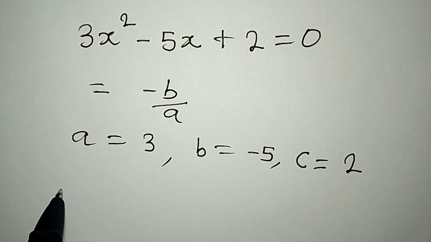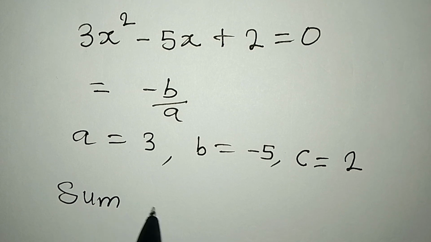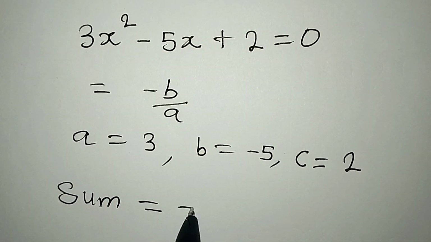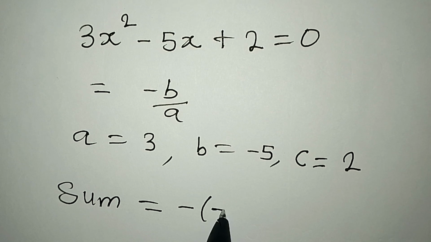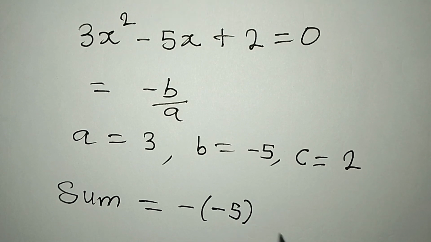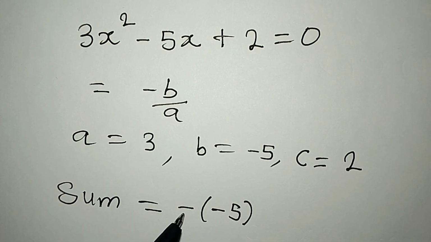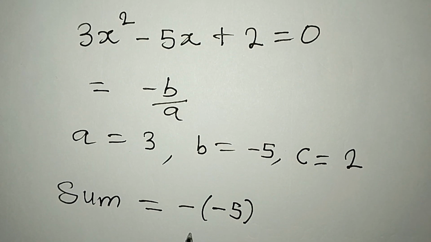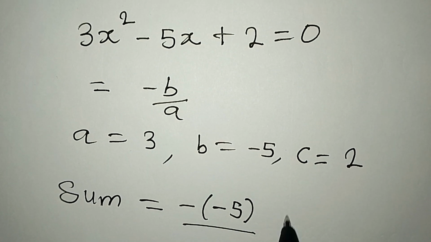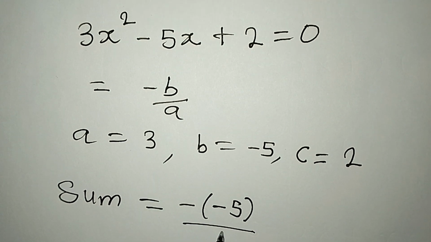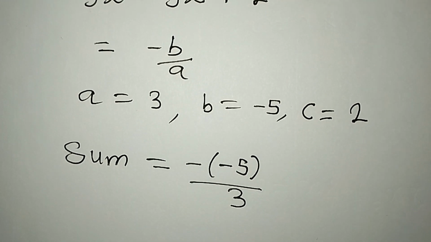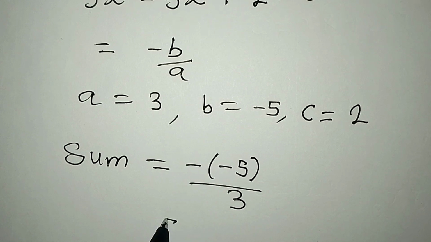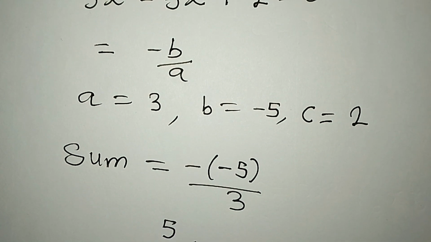So this means that sum will now be equal to, in place of minus b, we're going to write minus, open bracket, minus 5. This negative will come first, and b itself is minus 5. So this will now be over a, and a is 3. So I write 3 over here. Now, negative times negative will give us positive 5, and this is over 3.